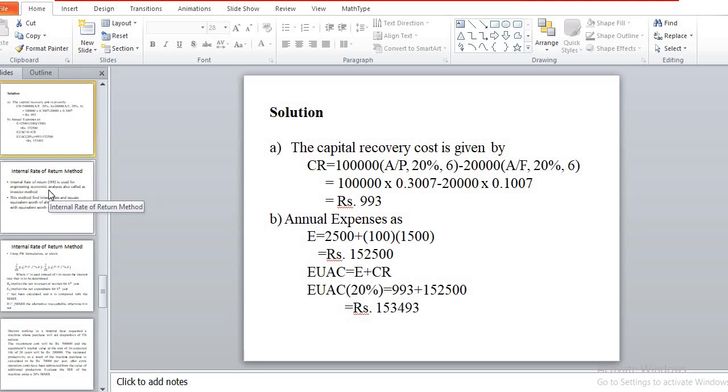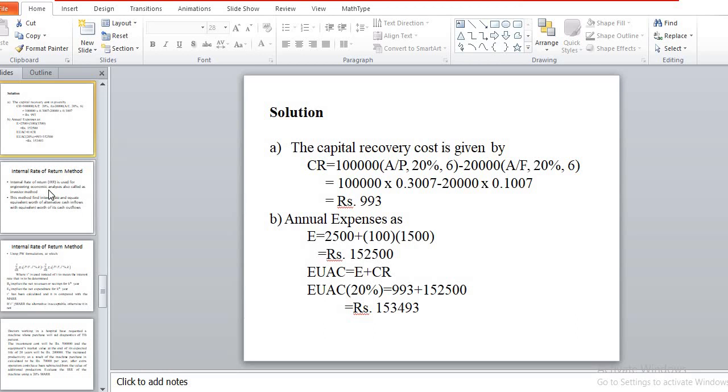So next, we go through the next point. We discussed in the last few videos the present worth method, future worth method, and annual worth method. So we discussed three methods.